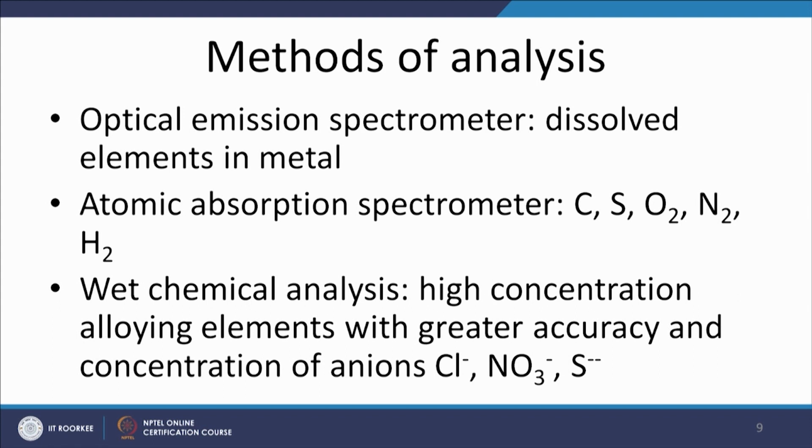Then the atomic absorption spectrometer is used for determining the elements dissolved in the metal, and most commonly it is used for determining the carbon and sulfur content. Apart from the other alloying elements, it is also used for determining the concentration of oxygen, nitrogen and hydrogen.